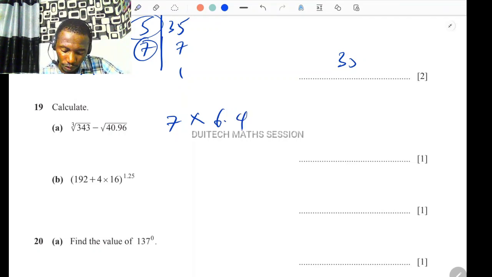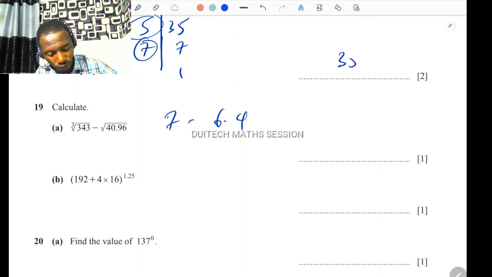So when you subtract, 7 minus 6.4, I have 0.6.